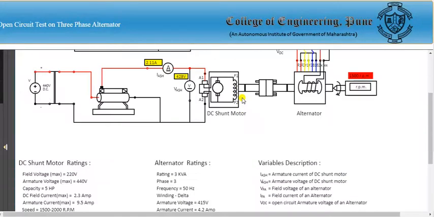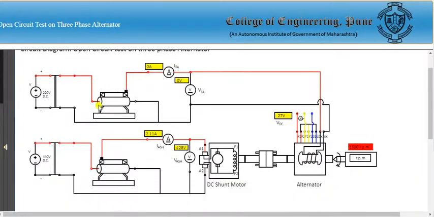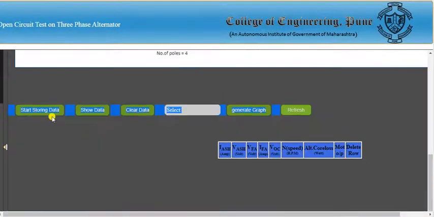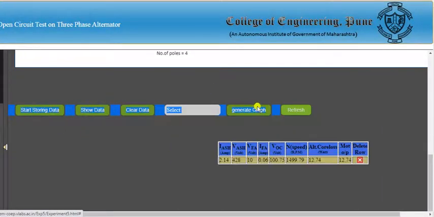So first increase to some value, suppose 10 volt. We will store data, then show data. So the first row of the observation table will appear. Guys, you can see here motor output, alternator core loss, speed is 1499.79 rpm, open circuit EMF 100 volt.